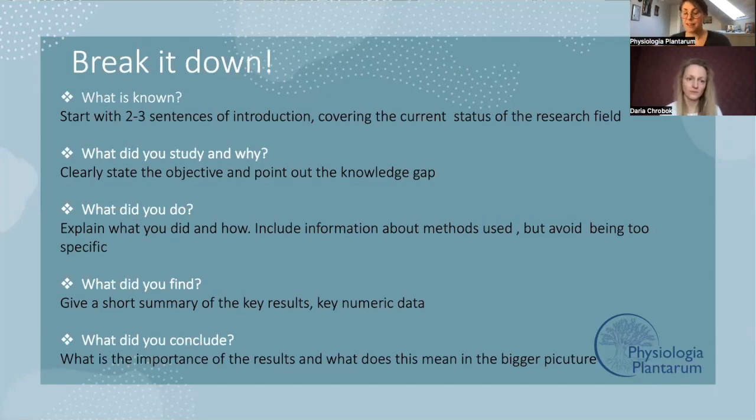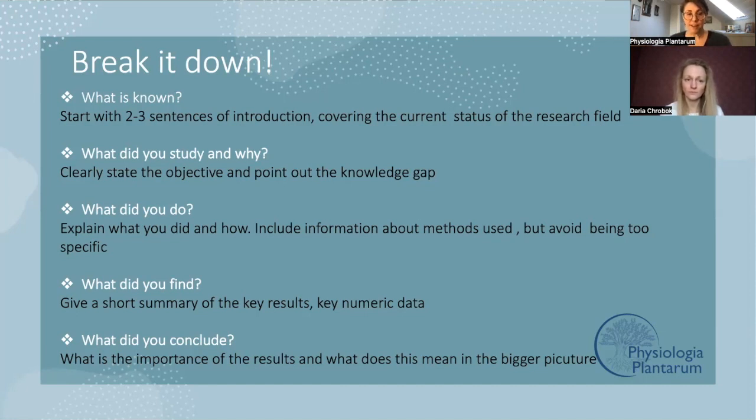Start by telling yourself what is known, and then write a short introduction about the topic and the current status of the research field. Once again, you have to have an idea of who your audience is. What do they know? Do you need to be broad, or can you be quite specific about the current knowledge of the research field?